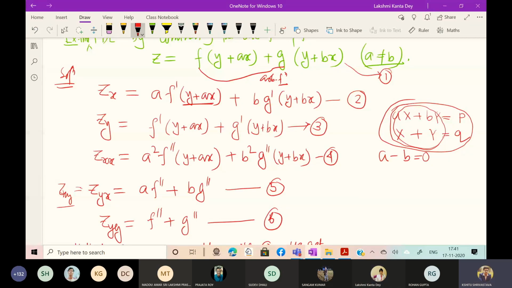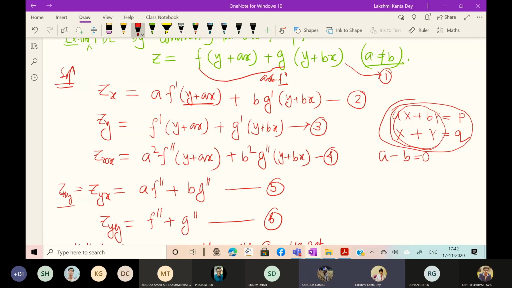The answer will be in terms of Zx and Zy. That will be fine, because you cannot eliminate Zx and Zy. Zx and Zy will be there, and that will exist in the solution.